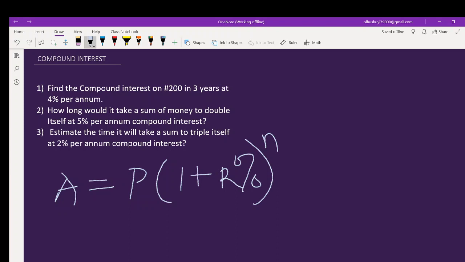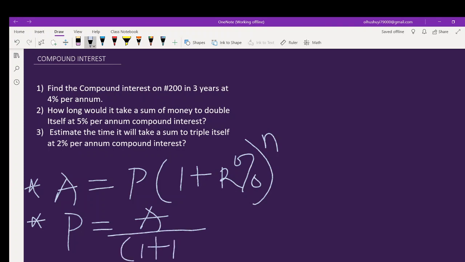This is in terms of A, which is your amount. If you write this in terms of P, which is your principal, the principal can be equal to A, all divided by 1 plus R percent, all raised to power n. Got it?